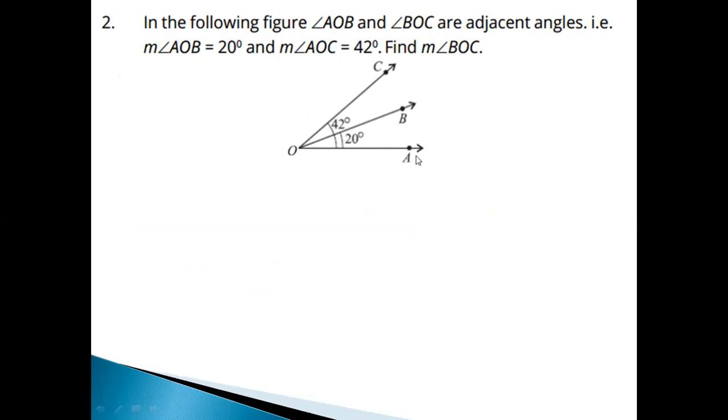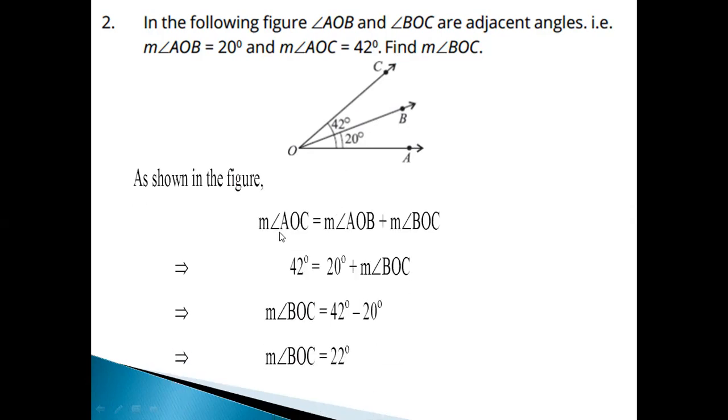Measure of angle AOB, this one, is 20°. AOC, this complete big angle, is 42 degrees. You have to find BOC. Very easy. You know that AOC is given. AOC is equal to AOB plus BOC. So you put their values and find the angle.